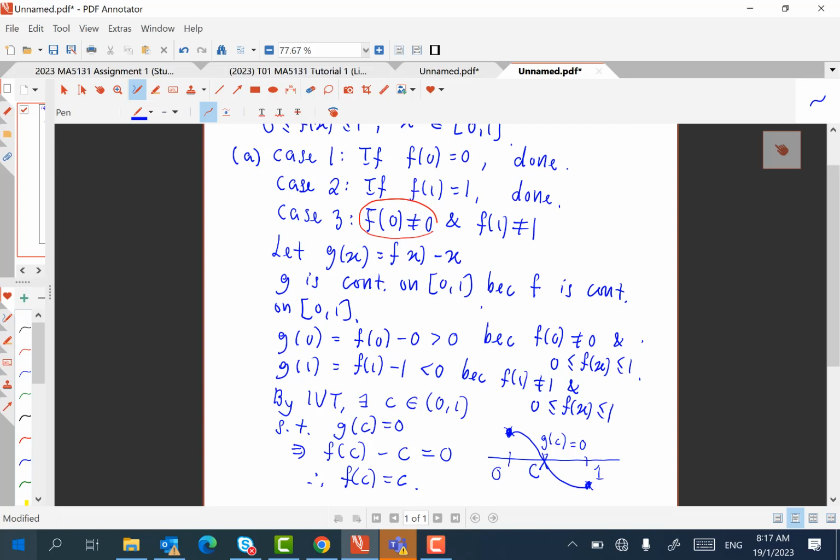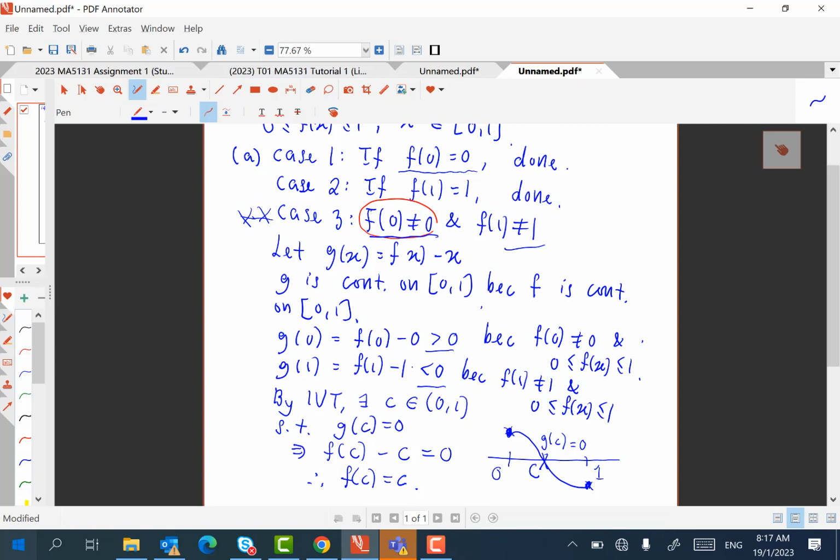Okay. You see, I needed case 1 to take care of the case f(0) equals 0, and then f(1) equals 1 for case 2. Why do I need to consider these separately? Because in case 3, I needed this condition and this condition to establish the argument. Otherwise, it won't work.